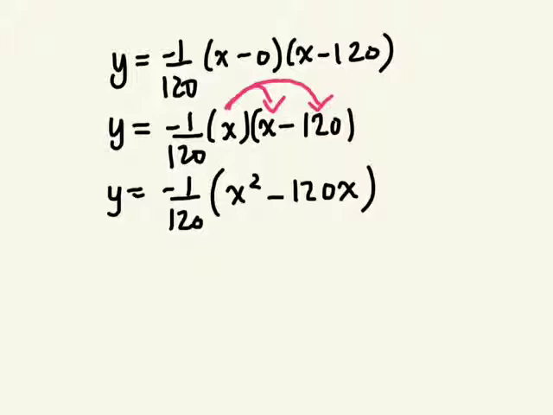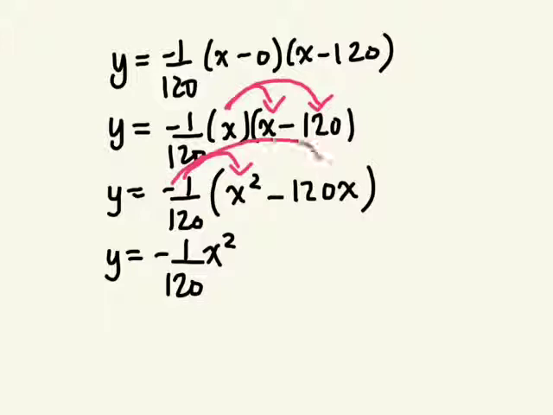Okay, now I need to distribute a, because I still need to remove my brackets. Negative 1 over 120 times x squared is just negative 1 over 120 x squared. Then we need to multiply negative 1 over 120 times negative 120x over 1. It's a fraction.